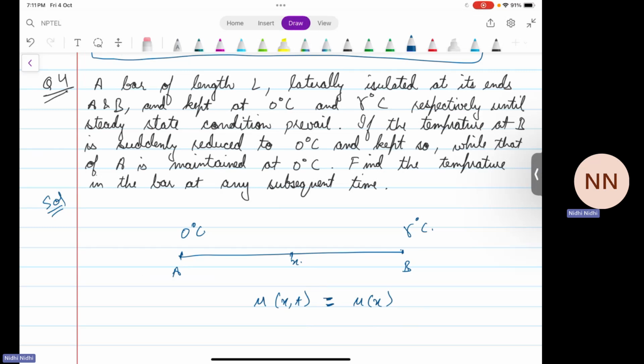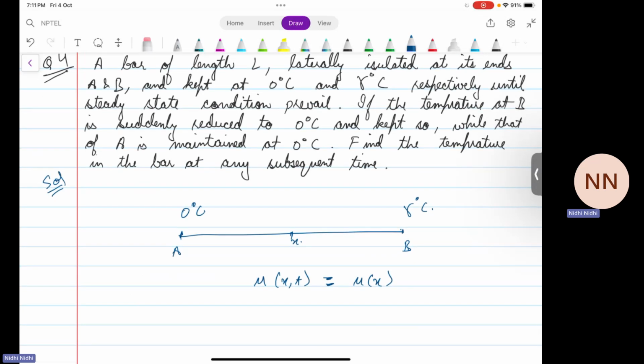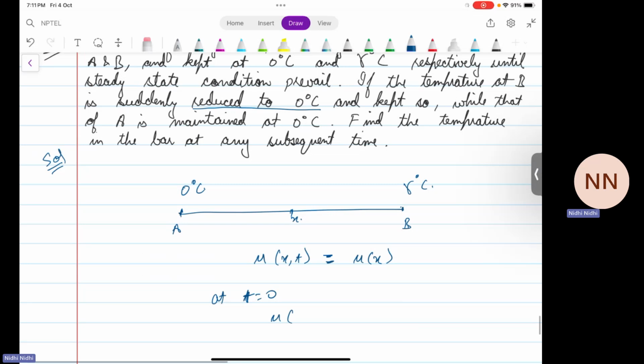Now, at some time, we denote it as t equals 0. At t equals 0, suddenly the temperature at point B is reduced to 0 degree Celsius. So at time t equals 0, we can write it for every t negative.